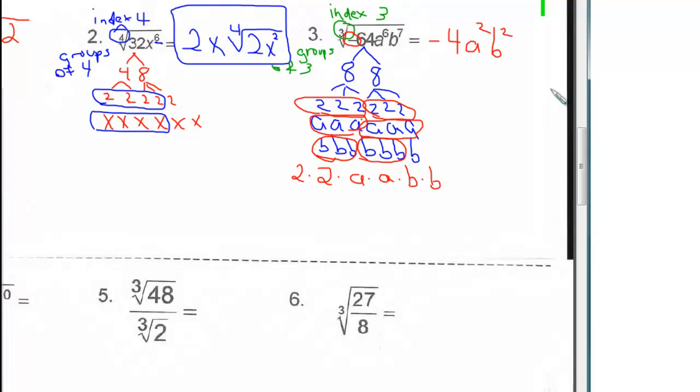And underneath the radical, all we have left is this lone little b here. So I will have the cube root of b. So the answer is negative 4 times a squared times b squared times the cube root of b.